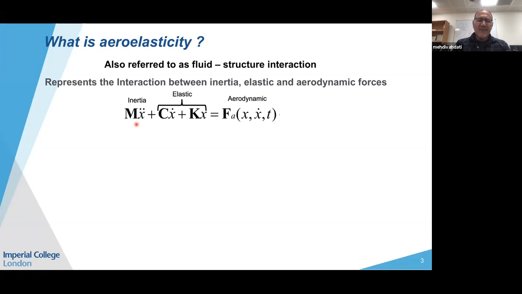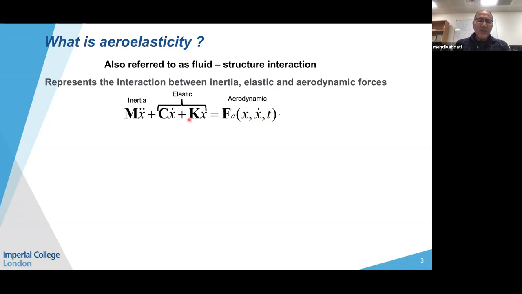On the left-hand side is just a damped harmonic motion, and on the right-hand side is a forcing term, which comes from aerodynamics. As you can see from the nature of this equation, the aerodynamic forcing is a function of x, the displacement, and x dot, the velocity of the displacement, and time. So this equation is highly nonlinear.